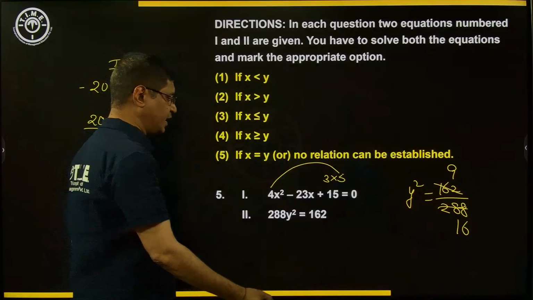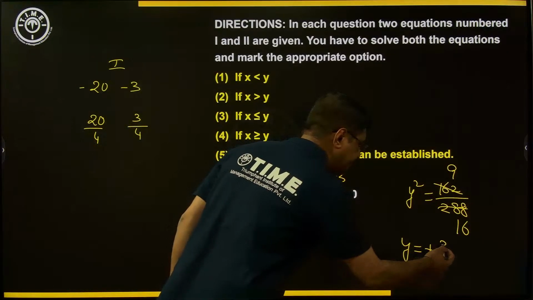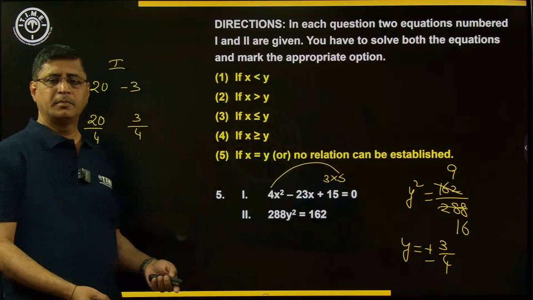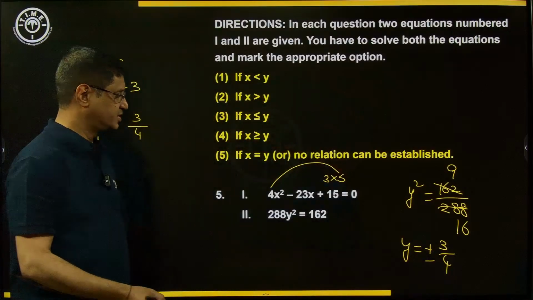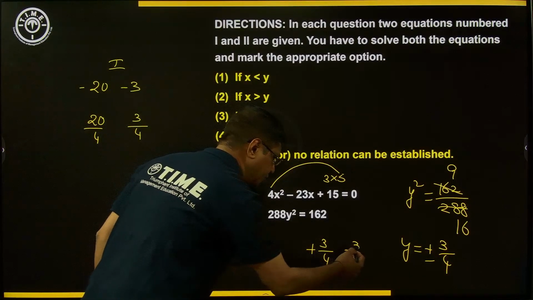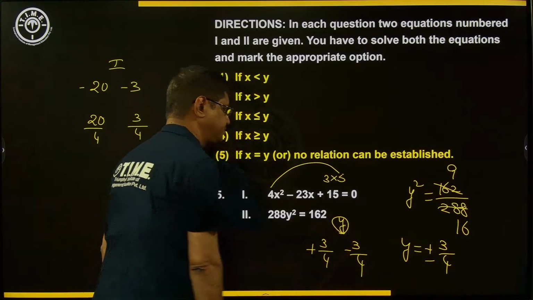The value of y is equal to plus or minus 3 by 4. It is satisfying two values, plus 3 by 4 and minus 3 by 4. So these are the values of the second quadratic equation.